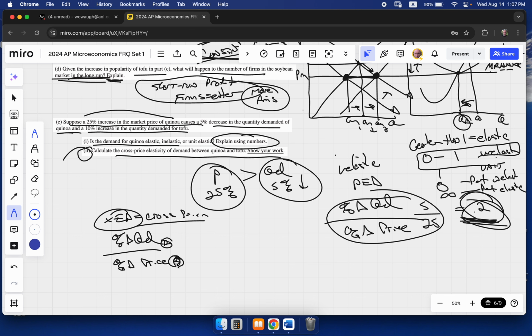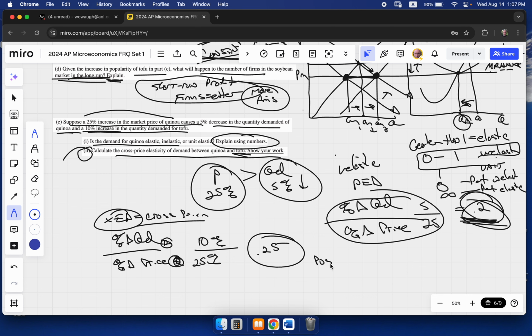And the percentage change in quantity demanded for tofu was 10%, right? So 10 over 25, 0.4, easy enough.